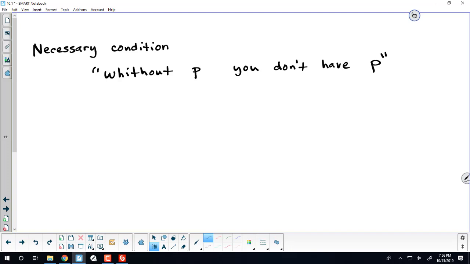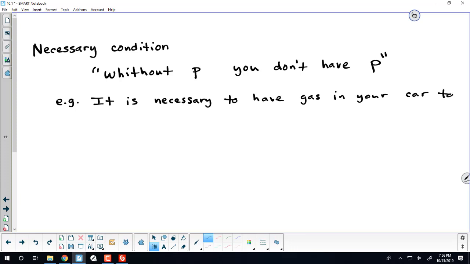So a real life example of a necessary condition is, for example, it is necessary to have gas in your car to go somewhere.